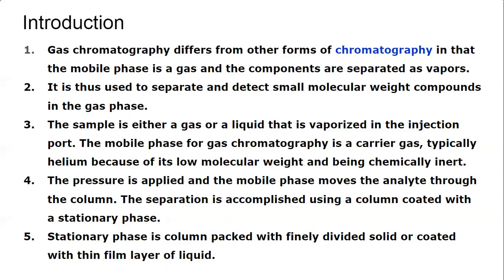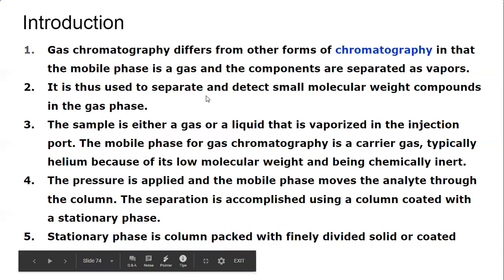One is, in previous techniques we used liquid as the mobile phase, but in this technique we are going to use gas as the mobile phase. And the sample solution is in liquid state, but before introducing the sample solution into the column, we vaporize it.